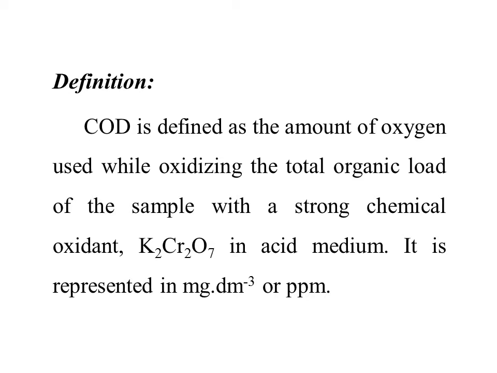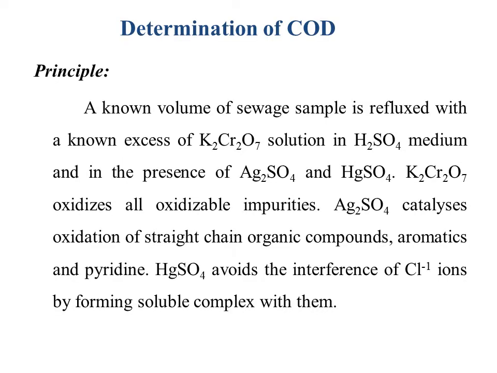So you know the fact that potassium dichromate is an oxidizing agent only in the acid media. Therefore, it is written that potassium dichromate in acid media. Usually the unit for chemical oxygen demand is parts per million or milligram per liter.